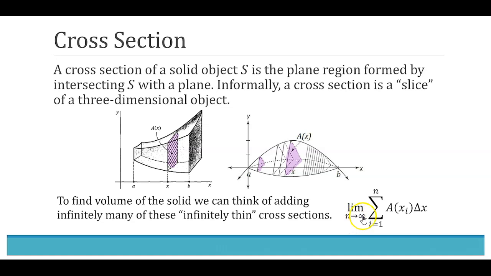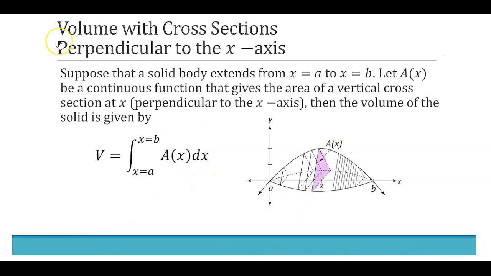So if the number of cross-sections goes to infinity, and we think about adding, so summation notation, we're adding all of those areas together. So if we add these infinitely many, infinitely thin cross-sections together, we will obtain the exact volume of these solids. Let's go ahead and extend the previous idea.